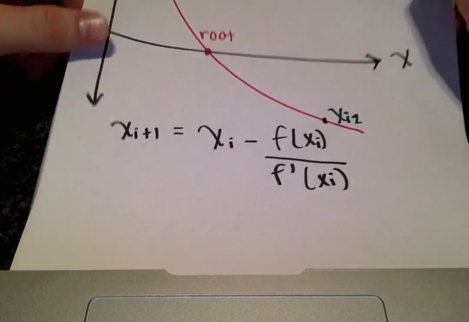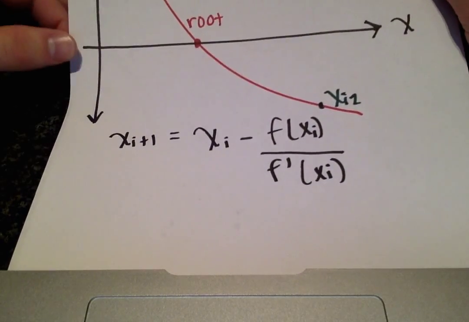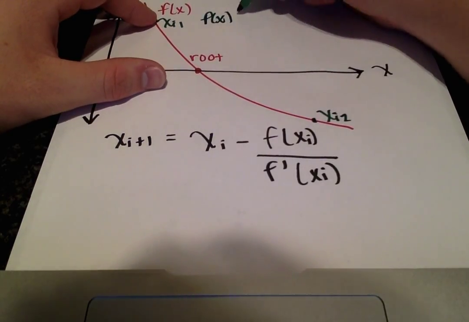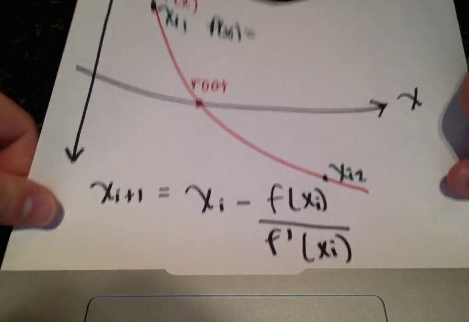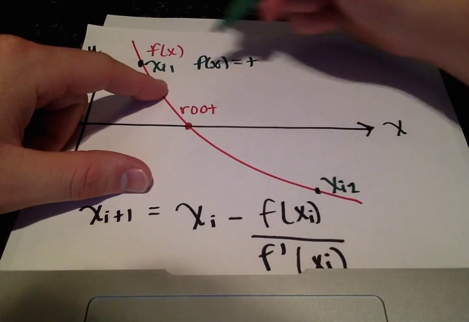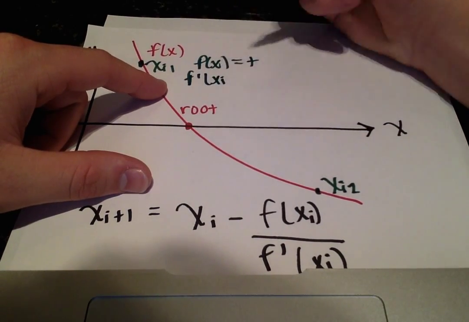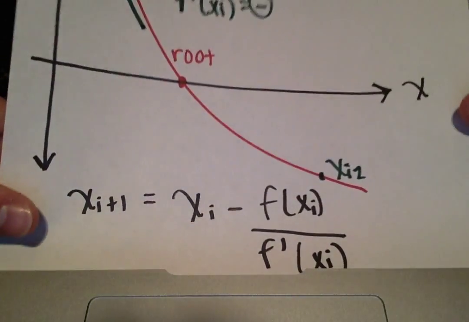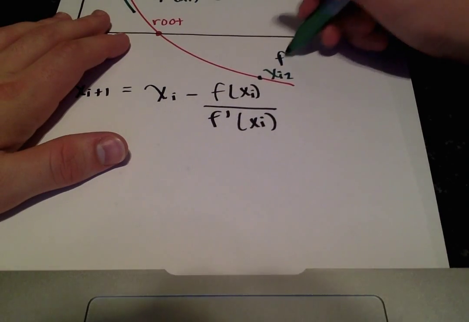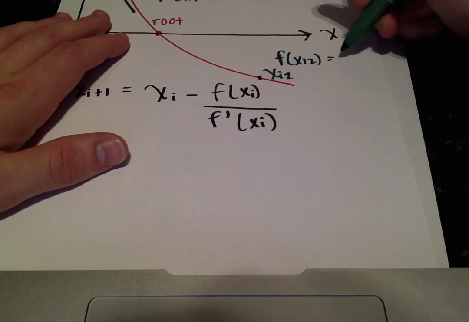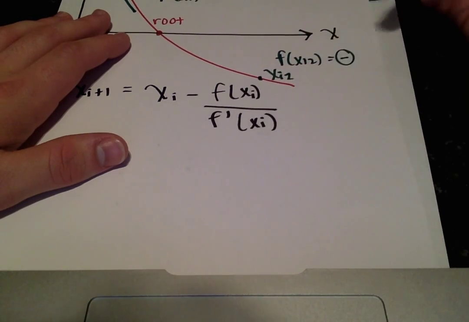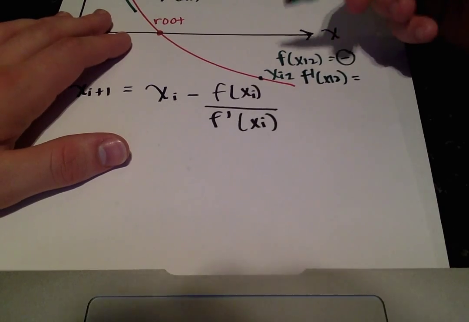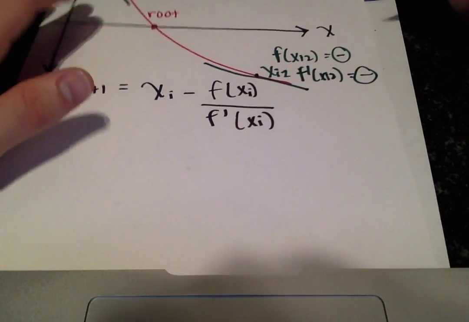What will happen with your new approximation? So at x sub i1, f of x is a positive value here, and you can also see that your slope is a negative value. And what happens at x sub i2? We have f of x sub i2 is a negative value, so a negative y value, and f prime of x sub i2 is also negative. It's a negative slope.